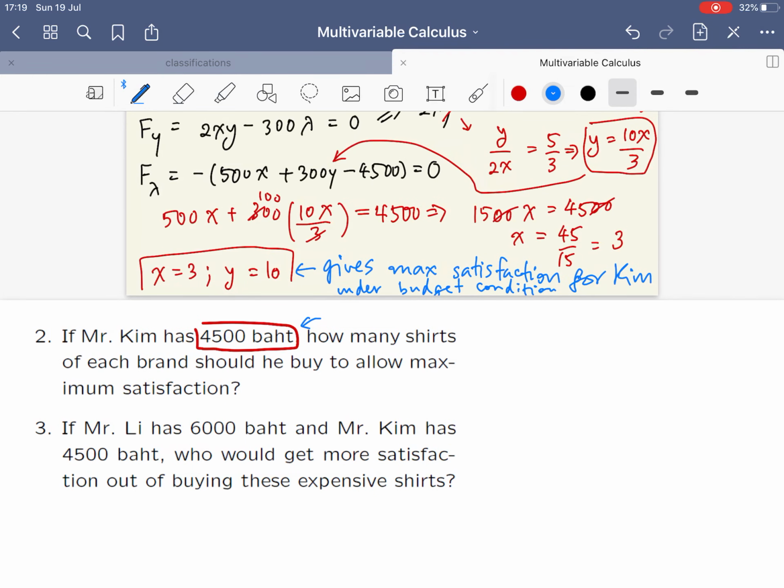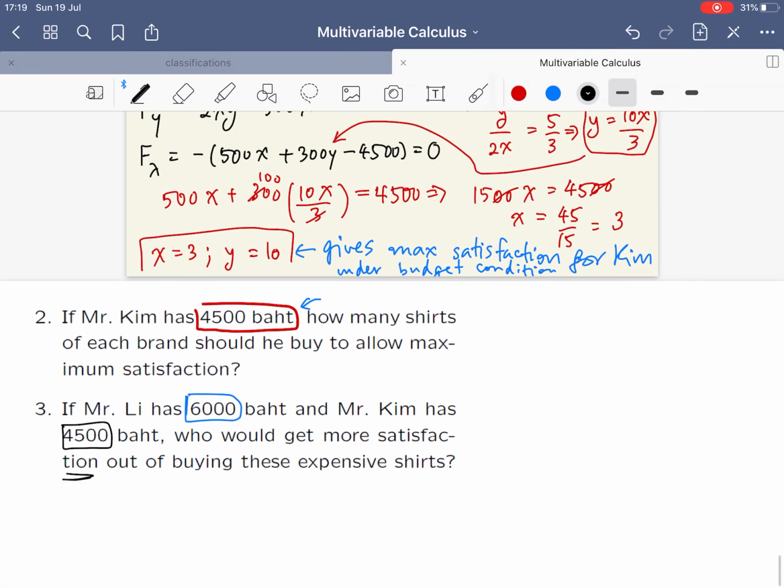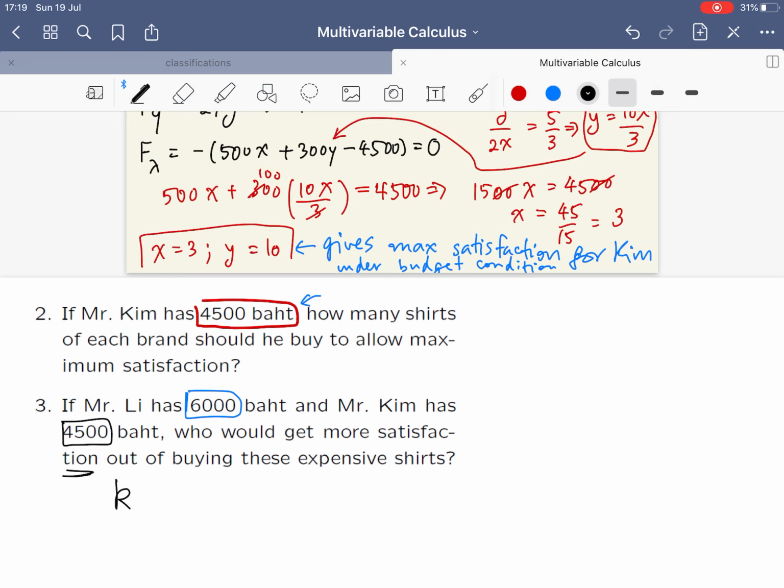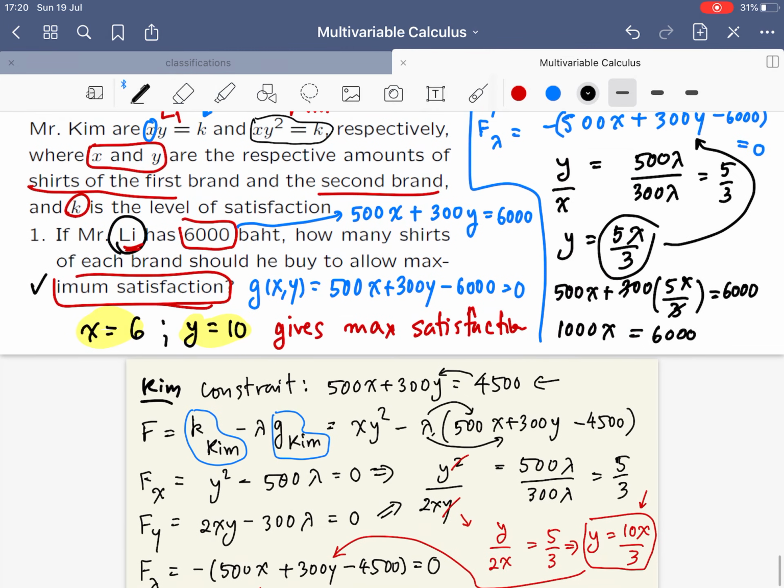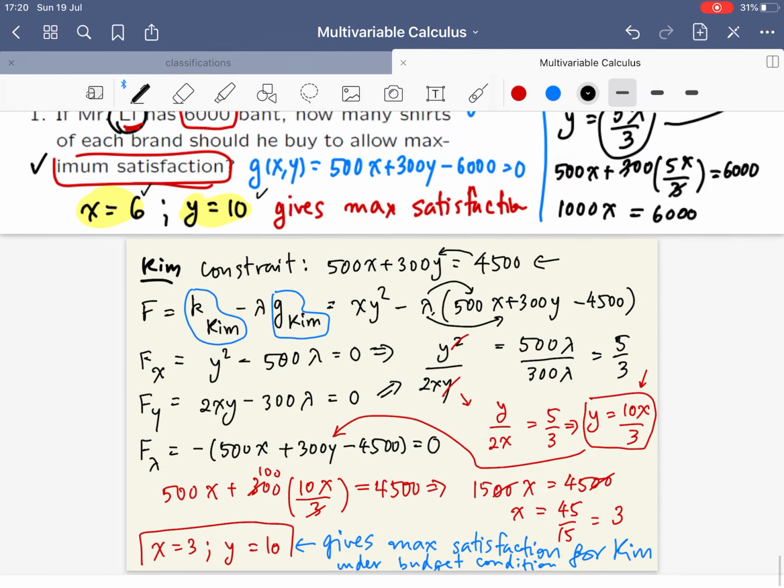Of course, if this is the budget of Mr. Lee, as previously, and this one is the budget for Mr. Kim, who would get more satisfaction? So you need to find your k of Lee, which is x and y, and for Lee you need to go back to your first problem, which is 6 and 10.